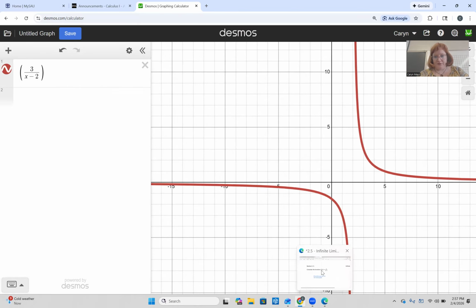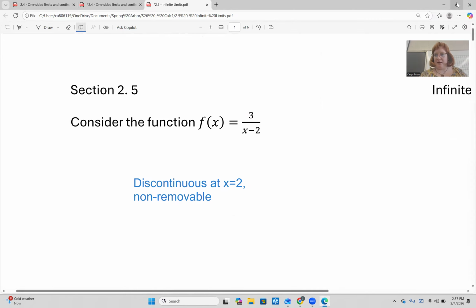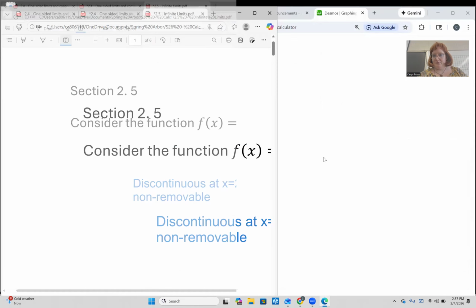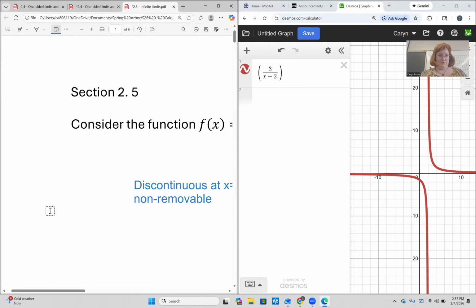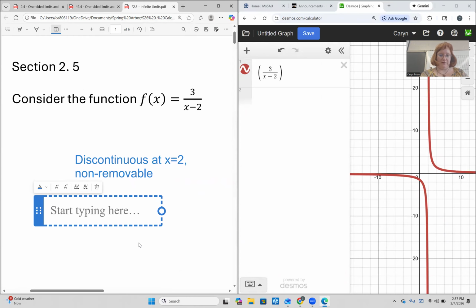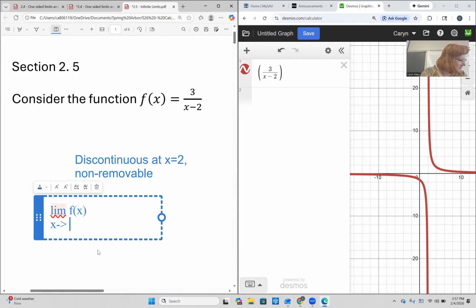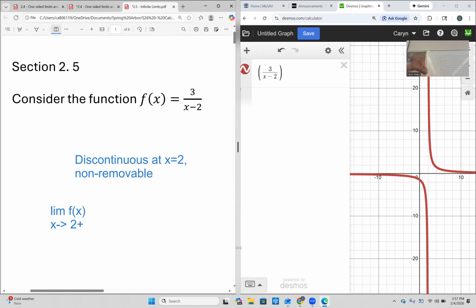So suppose I want to look at the left and right hand limits on these. If I look at the limit of f of x as x goes to 2 from the right, I apologize for the lack of exponents.